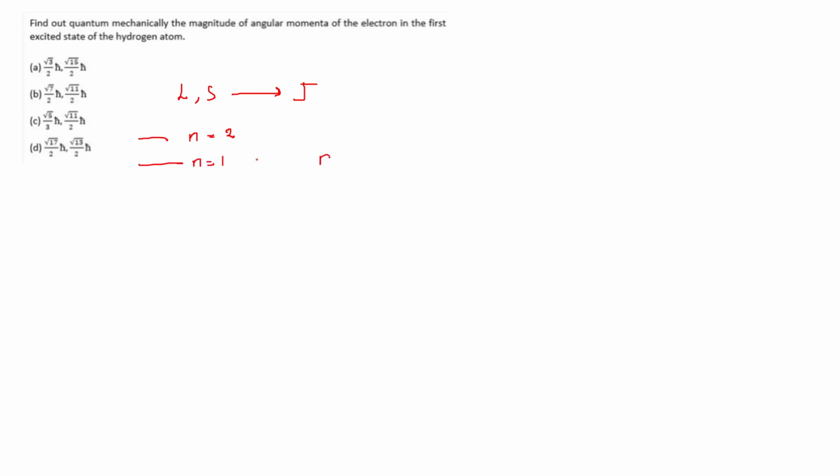We know that when n equal to 2, the L value will be 0 and 1, and we know that S is equal to half. Now we have to know the coupling. So J is equal to L plus or minus S.